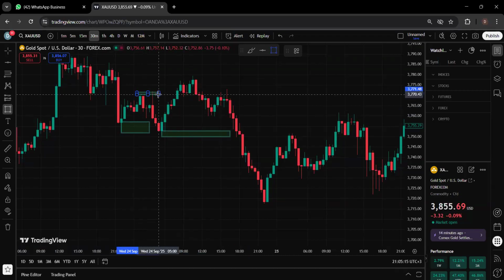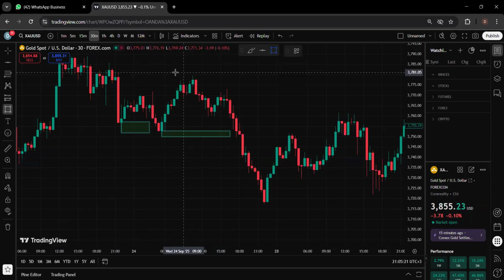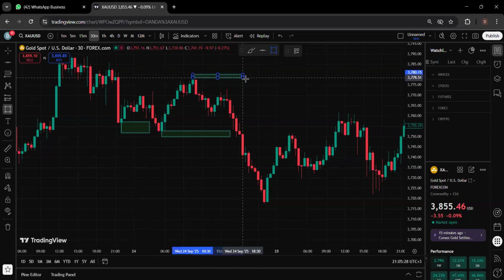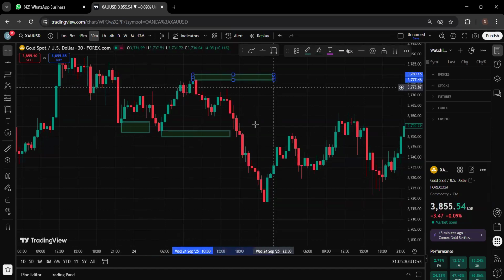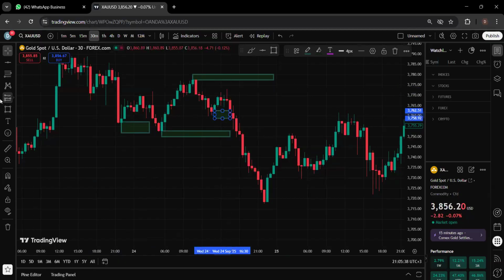It was broken. About that one, it's not a very strong one. This one is now very fat here. This tallest candle, it doesn't matter if it's red or green. I'm looking at the tallest wick. This becomes my resistance. Comes down, creates a new what? A new support here, which is the tallest wick. This green one is the support.